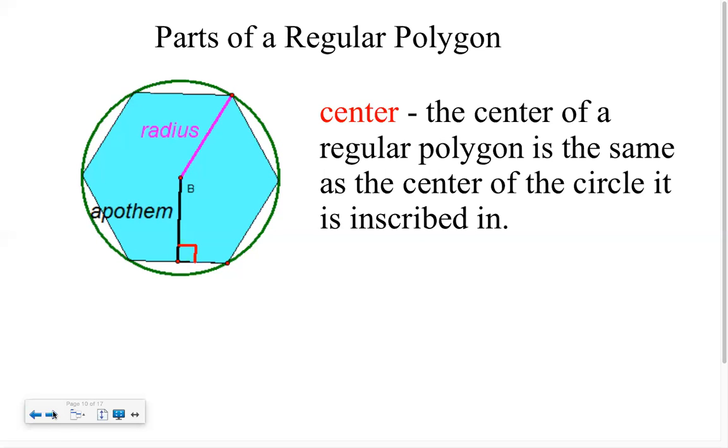And that center will always be equidistant from the center to all the vertices. We call that length the radius of our regular polygon, because it's the same as the radius of the circle that would go around the polygon. So the radius of a regular polygon is the same as the radius of the circle it is inscribed in.